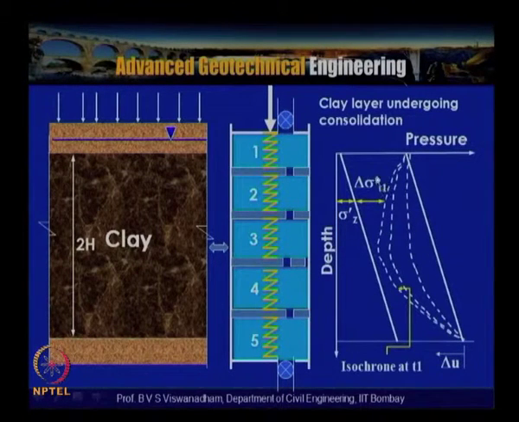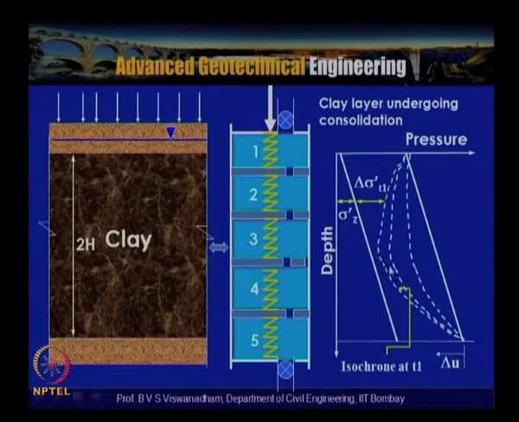That means the clay soil close to the drainage phase is the first one to attract the stresses, and the water transfers the stresses to the soil rapidly, and the effective stress here is nothing but delta sigma, and here also it is delta sigma.